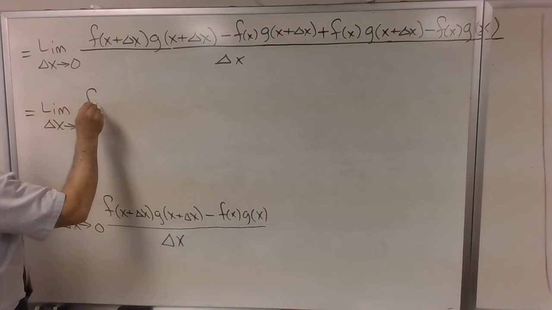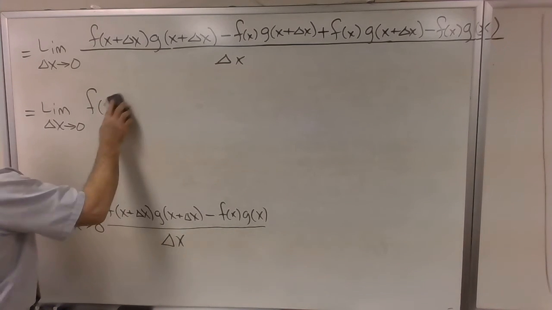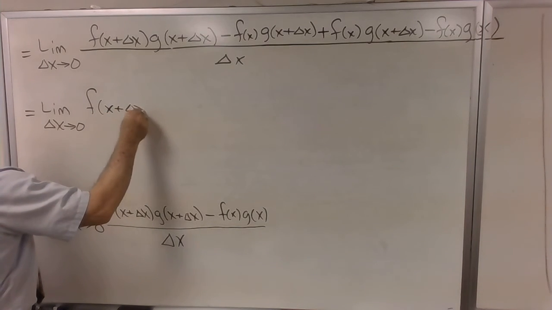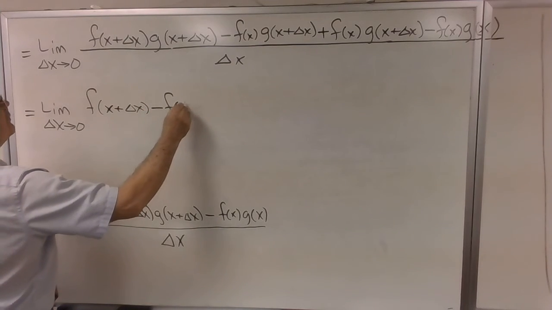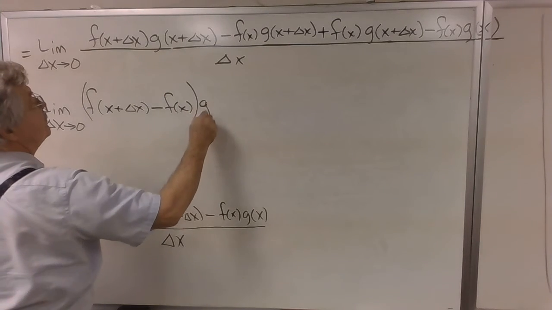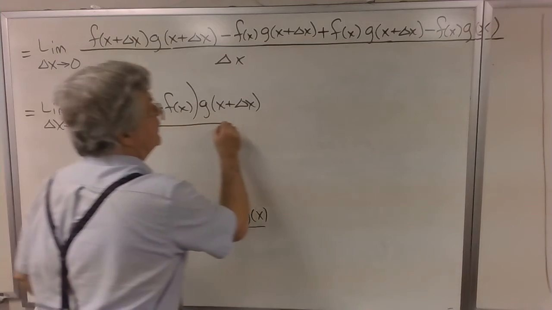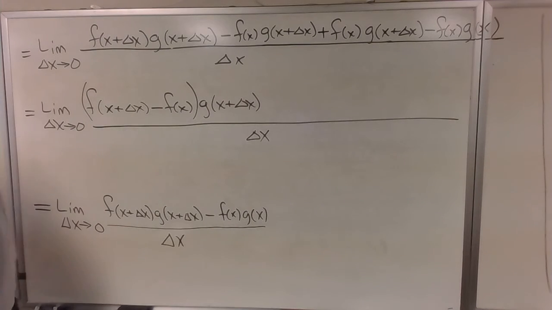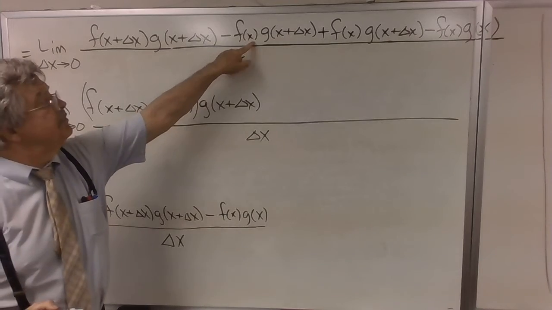So I'll have f of x plus delta x minus f of x times g of x plus delta x. I factored g of x plus delta x out of the first two terms.